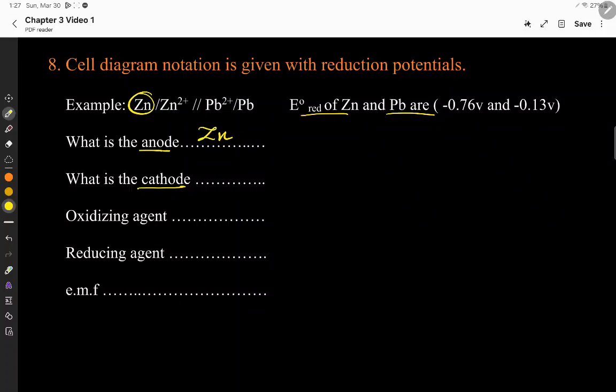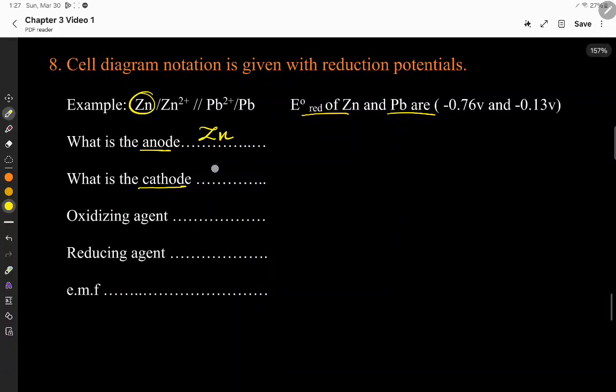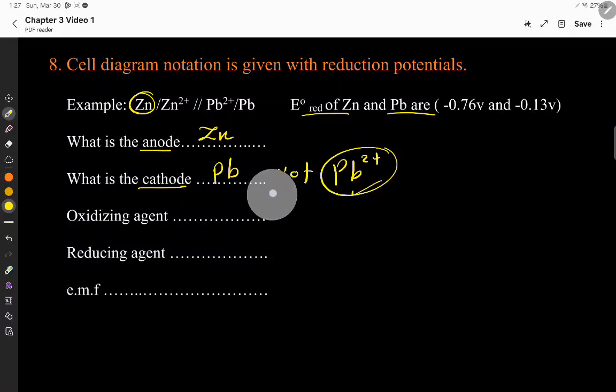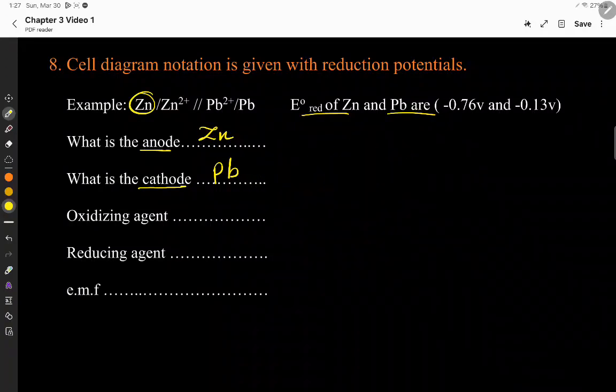In this case, the cathode is going to be Pb, not Pb to positive. If it tells you what is the reduced substance, it's going to be this one. But if it asks you about the cathode itself, you are going to choose Pb, not Pb to positive.